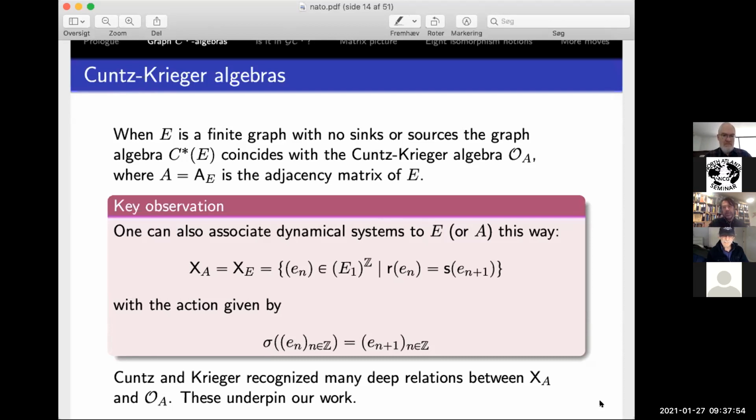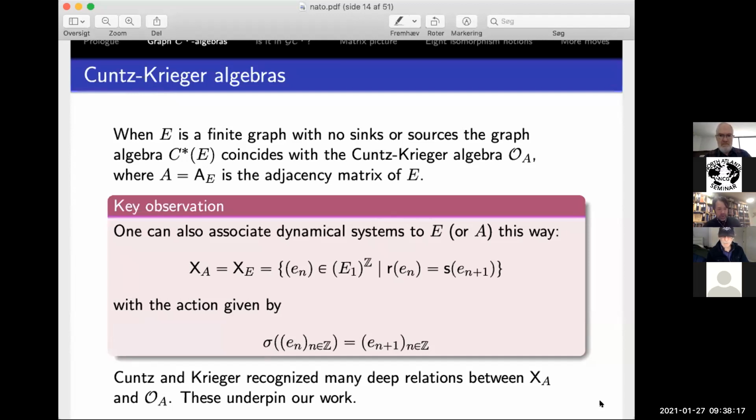If there are no sinks, you can always move on from a vertex. If there are no sources, you can always move into a vertex. So it makes sense to look at the doubly infinite paths that you get from running around on such a graph. And this is a so-called shift of finite type, an important class of symbolic dynamical systems.